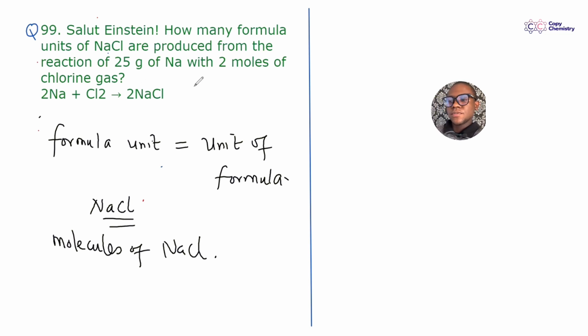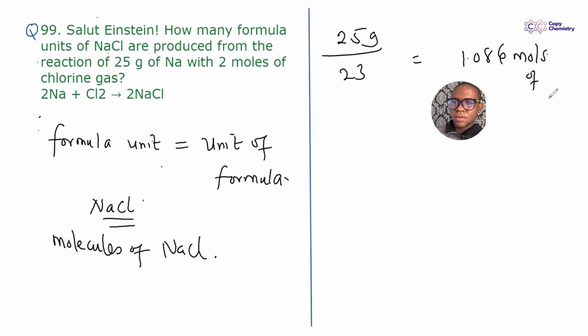Produced from the reaction of 25 grams of Na with 2 moles of chlorine. So let's figure out what 25 grams of Na is. We divide 25 grams by the molar mass of Na, which I'll just write as 23 here. So that should give us 1.086 in moles. That's the moles of Na I have here.